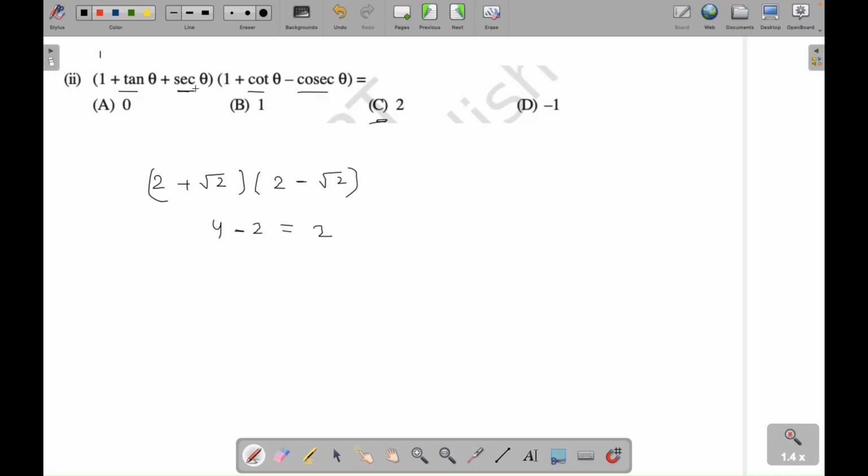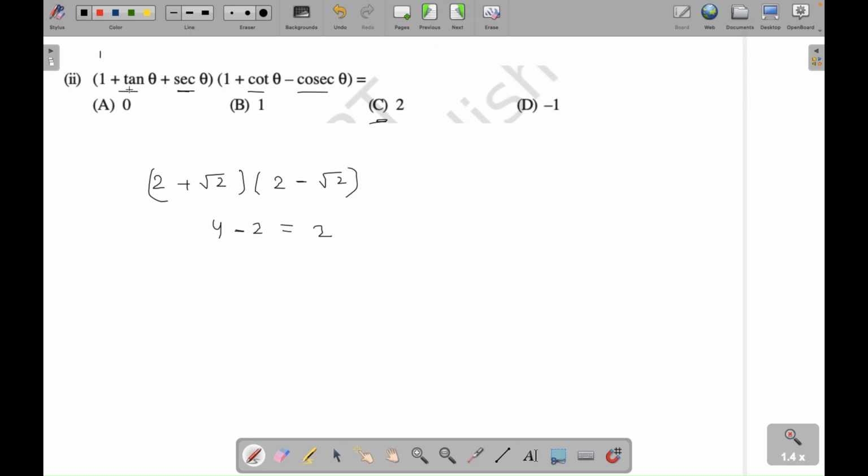So we want to decompose them in such a way that we have a maximum of two different ratios, say sine, cos, tan or sec. So if we have more than that, just try to write everything in terms of sine and cos if you are not able to decompose it further.